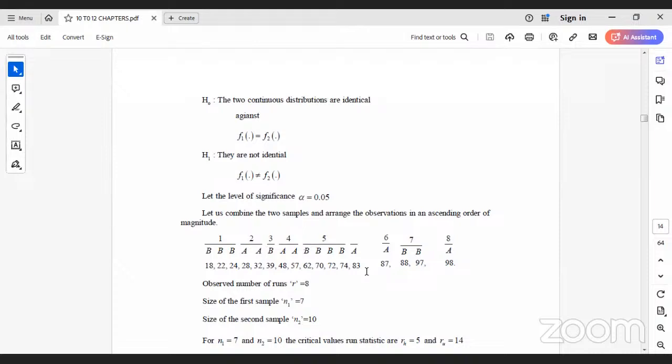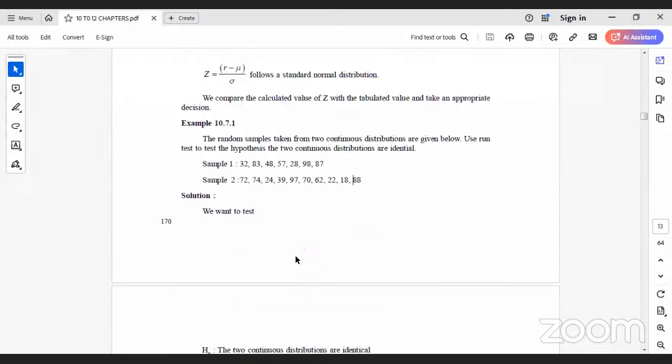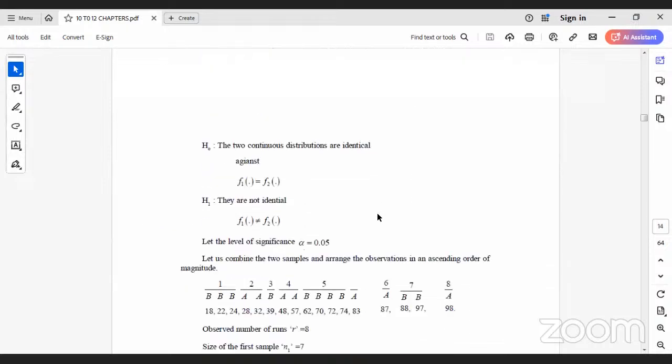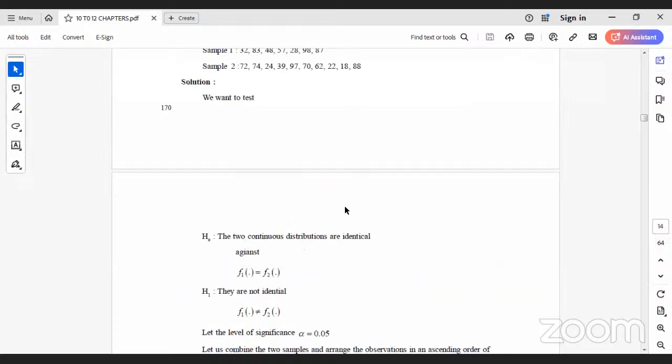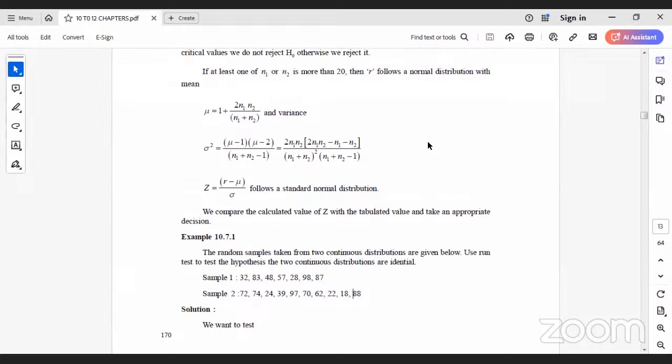So after writing this ascending order, look here. Test the hypothesis that the two continuous distributions are identical, alpha is equal to 0.05.